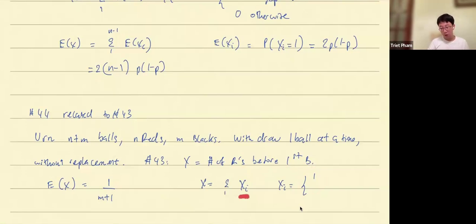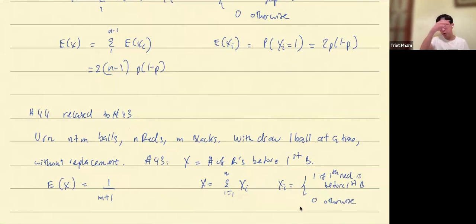We're counting over the red balls themselves. So we look at each red ball and we say that it's 1 if the ith ball is before the first black, and 0 if not.